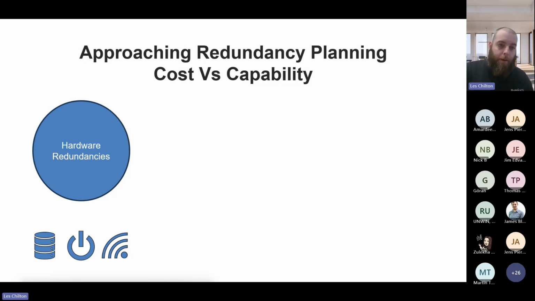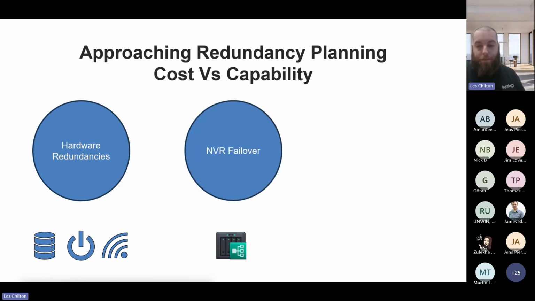We have redundancies on power and on networking that typical NVRs will not have. We have full NVR failover. So with that CMS cluster, if one of your devices goes down, you can have a backup device waiting in the wings. Aside from the cost of the kit, there's no additional cost for having that failover cluster there.